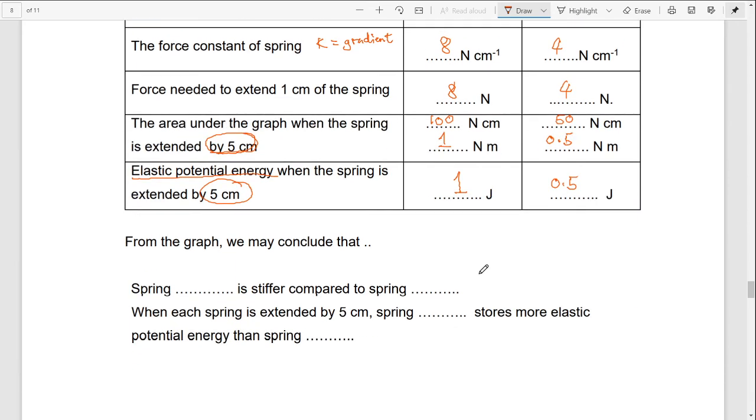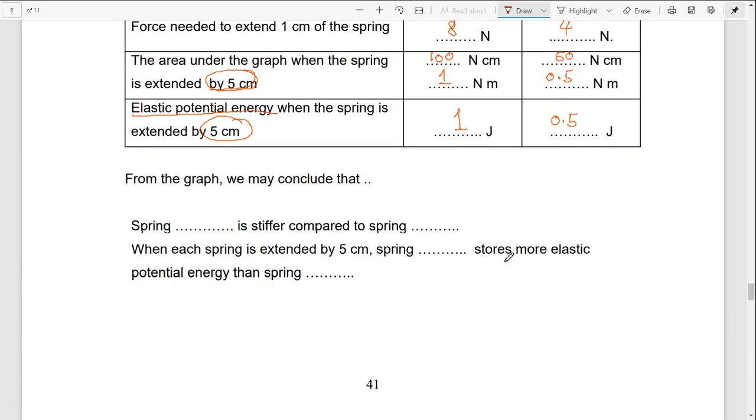So from the graph, we may conclude that spring R is stiffer compared to spring S. When each spring is extended by 5 cm, spring R stores more elastic potential energy than spring S. R stores 1 joule, whereas spring S only stores 0.5 joule.